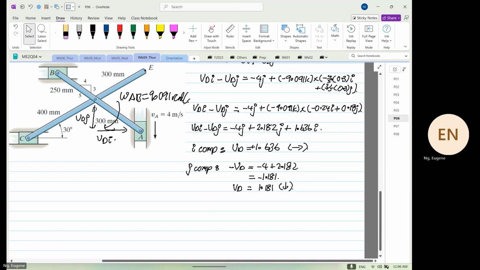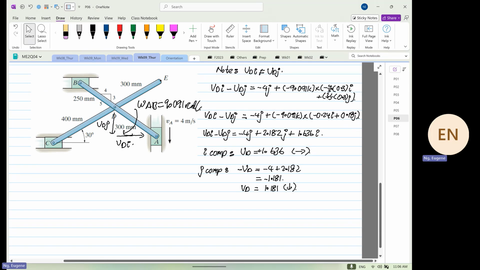Okay. So once we have this, let's solve this using instantaneous method. Okay, let's solve this using instantaneous method. So what we have is we have a velocity vector.